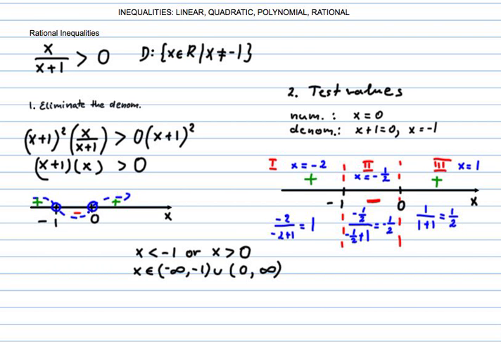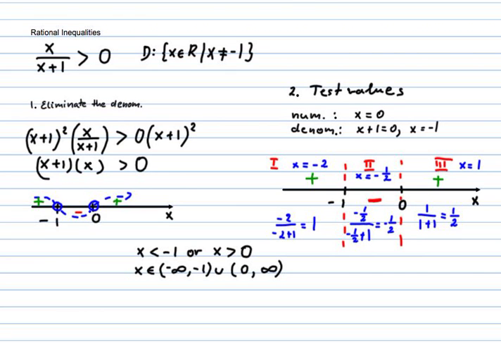So in order for us to solve a rational inequality, we have to first and foremost always start with a domain. So this is the domain, and domain is always established by looking at the denominator.